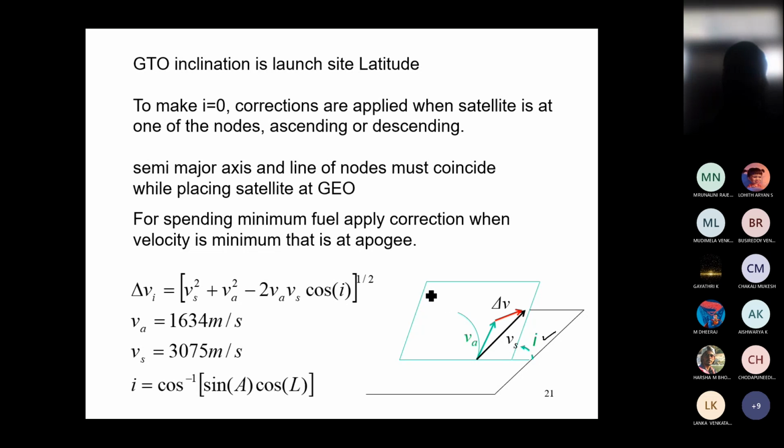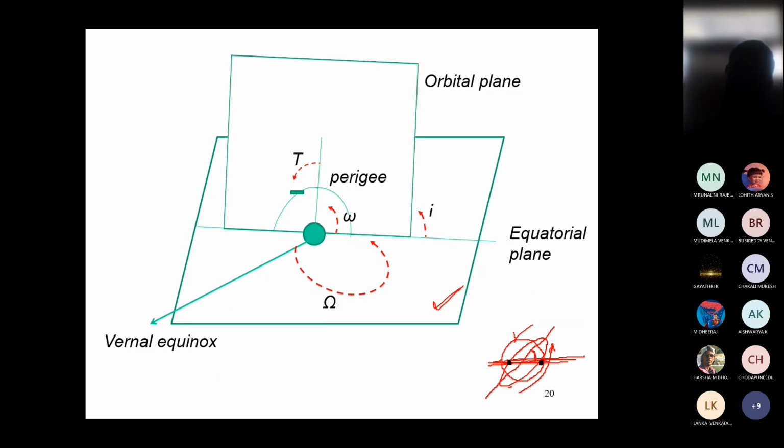This particular plane, which I have represented by a yellow colored square, is the orbital plane, where the satellite is actually rotating. In the previous diagram, you can see this particular plane is called the orbital plane.